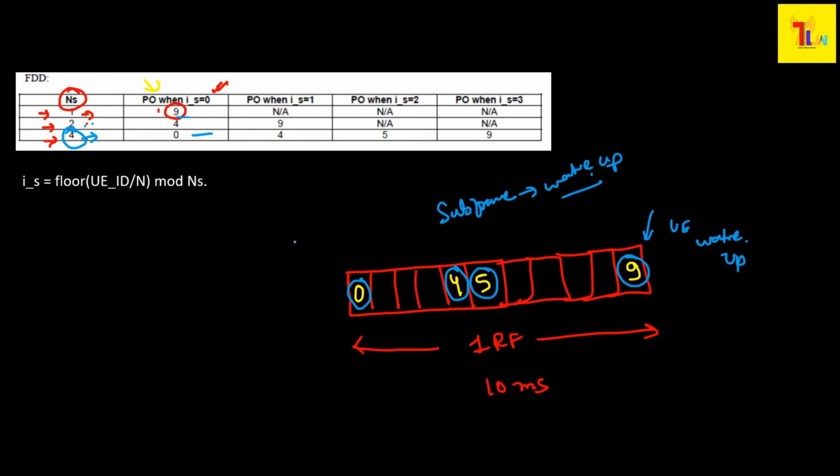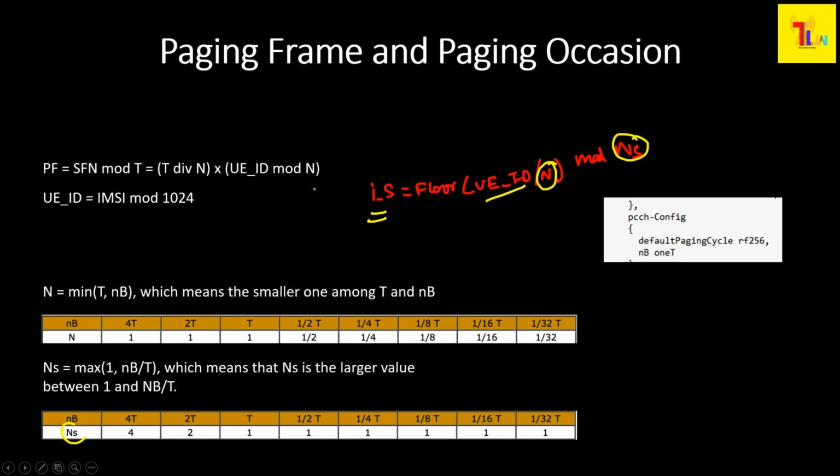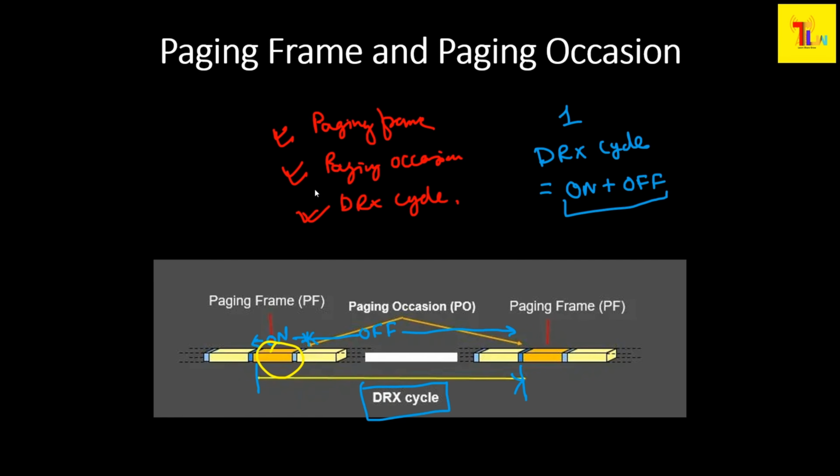This is what we call the paging occasion, on the paging frame on which it is going to wake up for paging. So this is exactly the fundamental of paging.